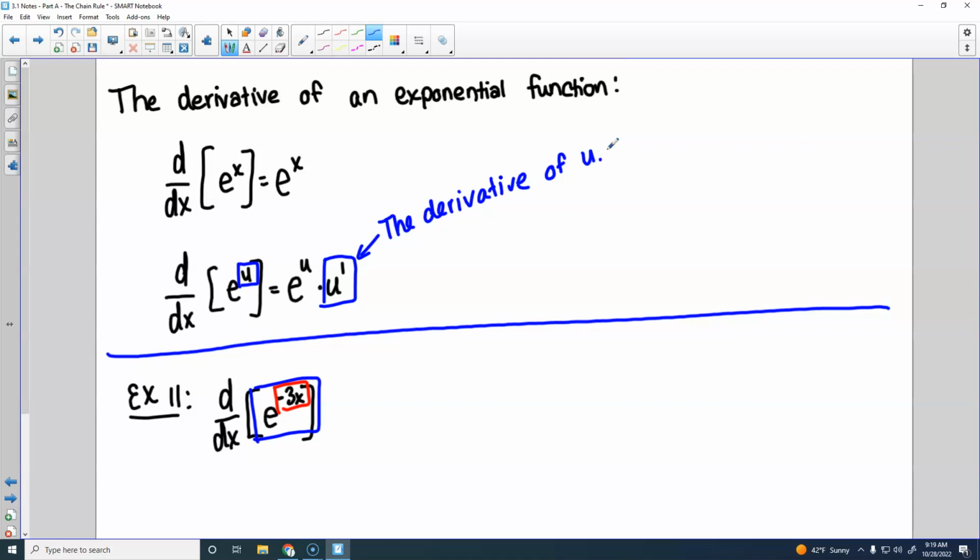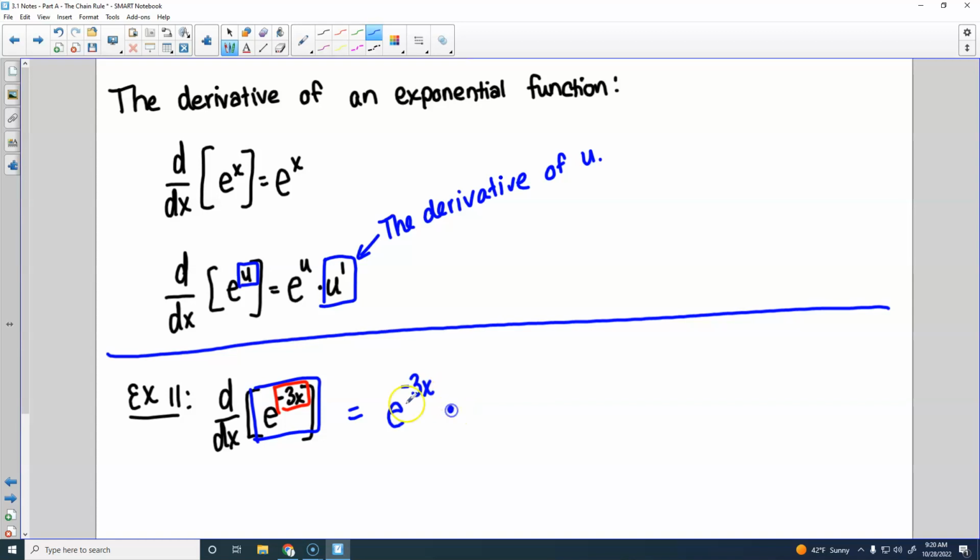So for example 11, we've got the derivative of e to the negative 3x. So the derivative of an exponential is just itself, right? So we just have e to the negative 3x. But we must multiply by the derivative of the u, which is our exponent, right? That exponent is like our inside function.